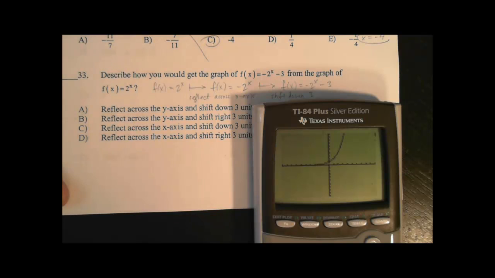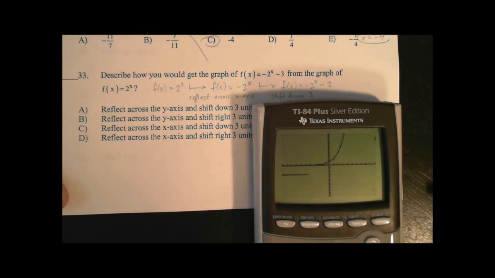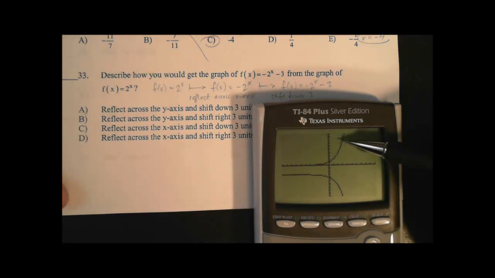A little bit better, basic exponential graph. And we're going to come up with a new graph called minus 2 to the x minus 3. Now we're claiming that it's been first reflected across the x-axis and then shifted down. So what was the horizontal asymptote of the x-axis has now been shifted down and the graph's been reflected.